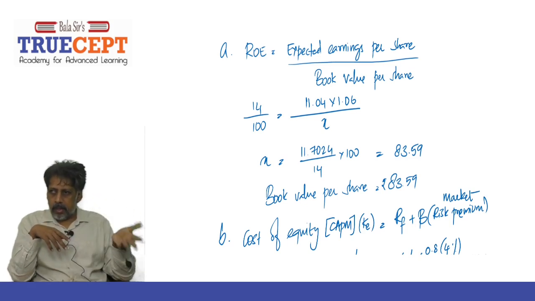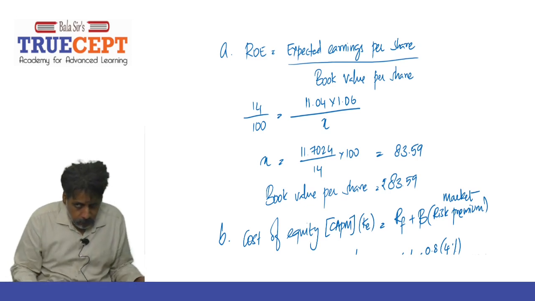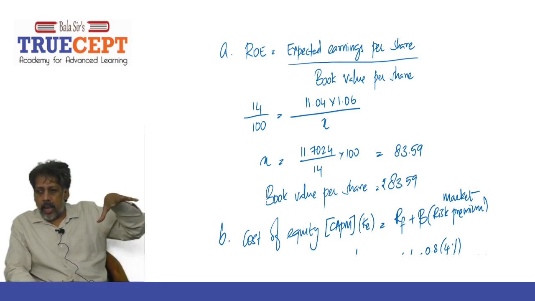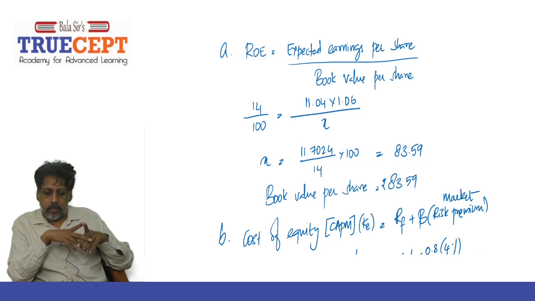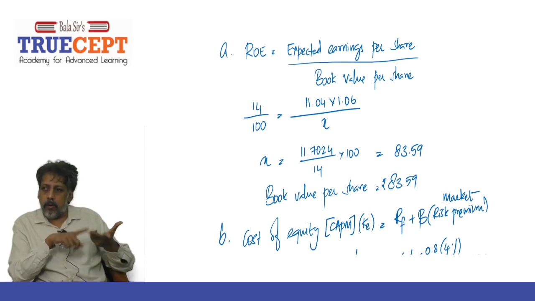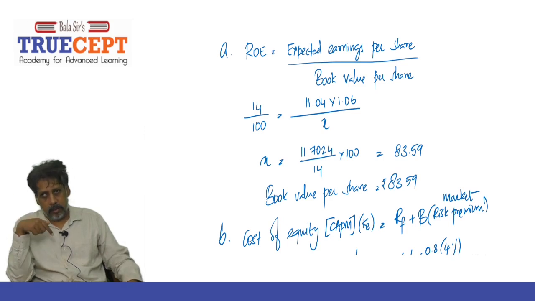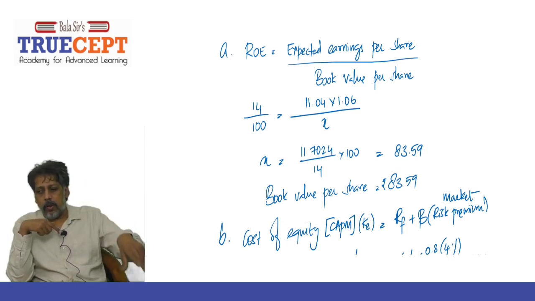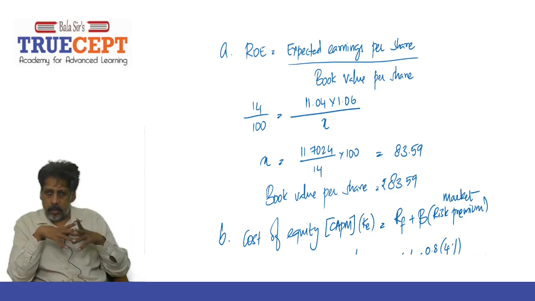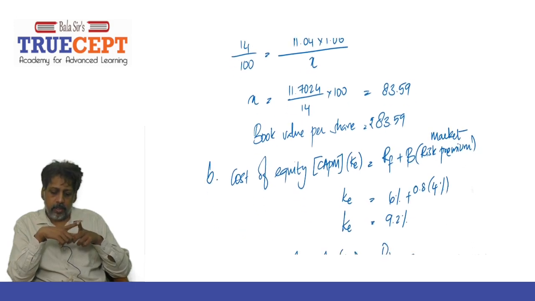It's simple math, no brainer. Therefore, the book value per share equals 11.04 into 1.06. How much do you get? 11.7024. Very good. That into 100 by 14 will give you the book value per share as rupees 83 point, how much? 83.59.